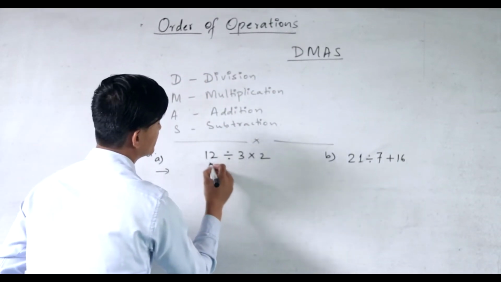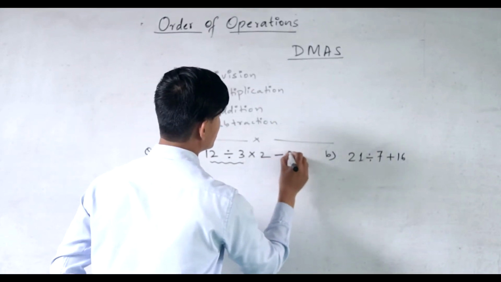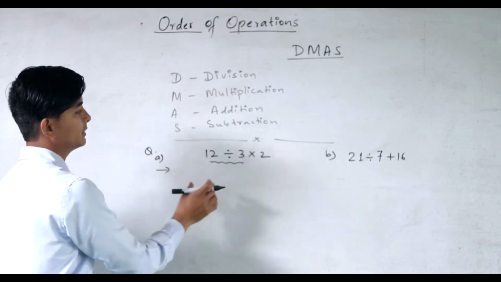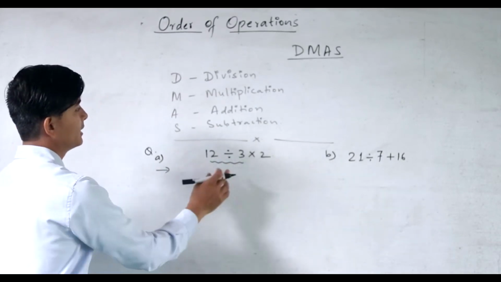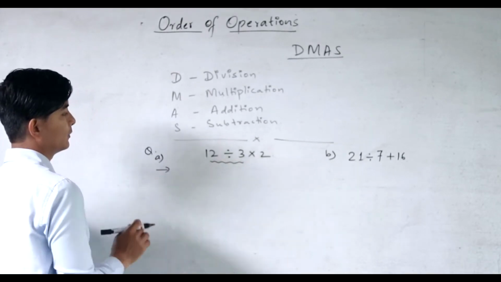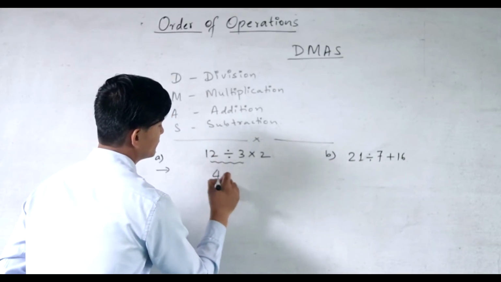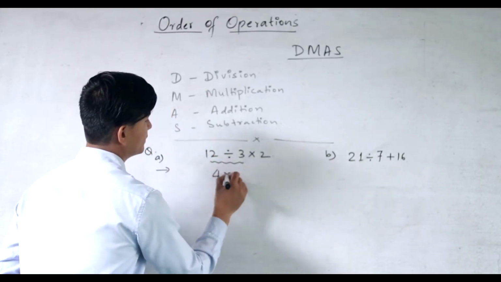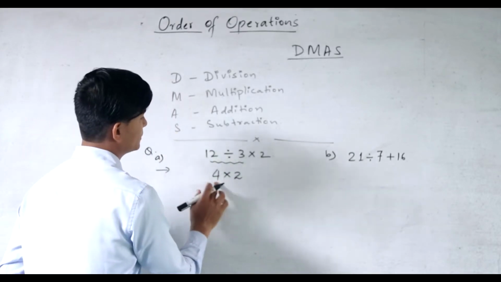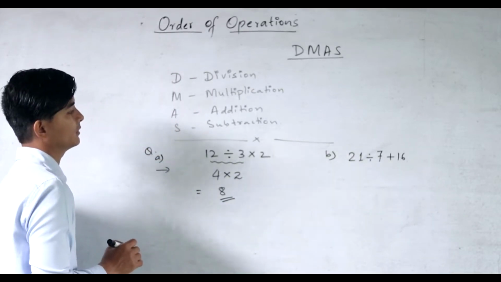So first what we have to do is division, right? So we have to divide 12 by 3. So what will we get if we divide 12 by 3? 4, right? And after that, times 2. So finally we have to multiply. So 4 times 2 is 8. So in this way you can solve it.